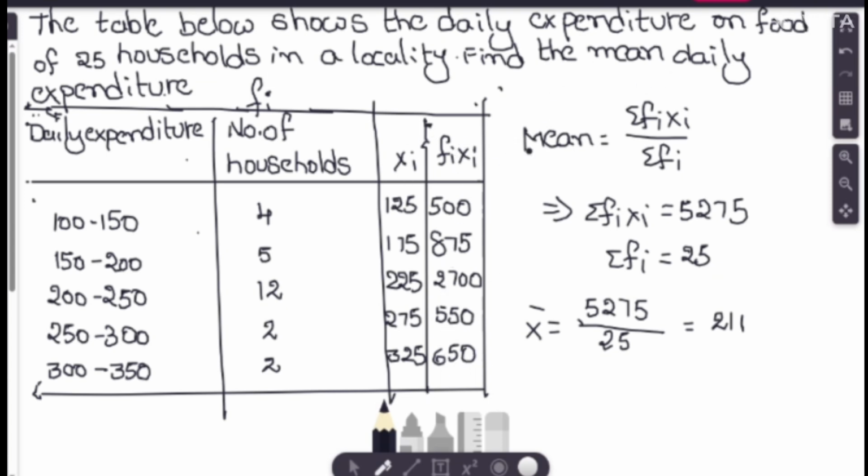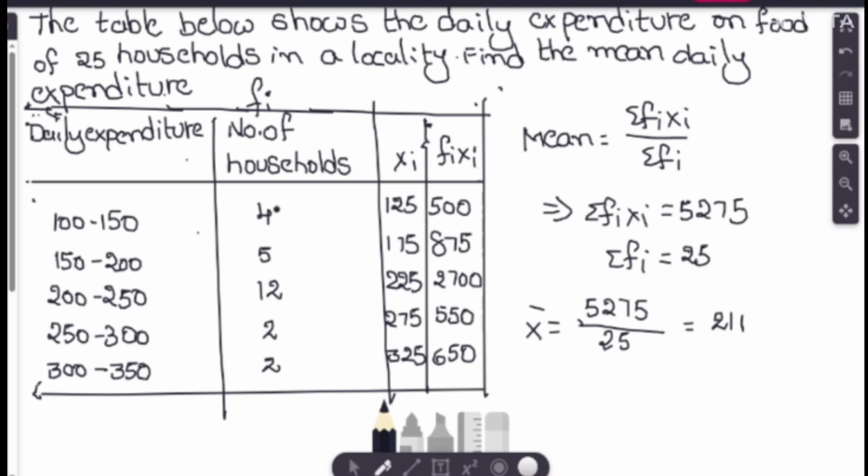We have to write the formula now. Mean formula for the direct method is sigma fi xi by sigma fi. Sigma means sum of the observations in the fi xi column. So whatever observations are there in this column, add all those, then we will get their sum, that is sigma fi xi.